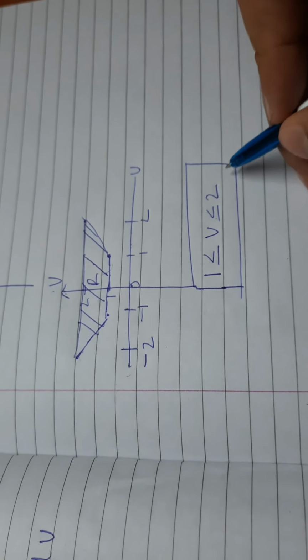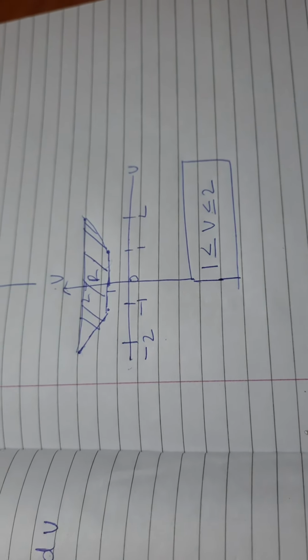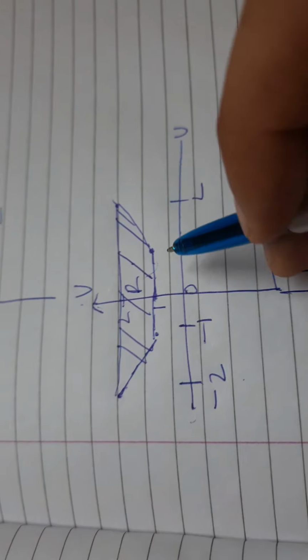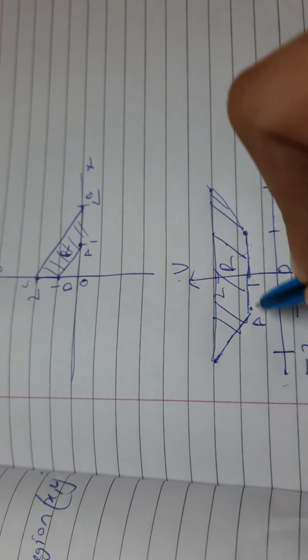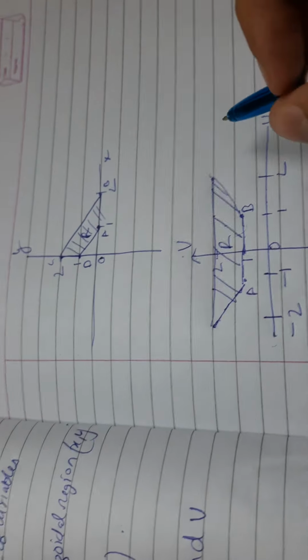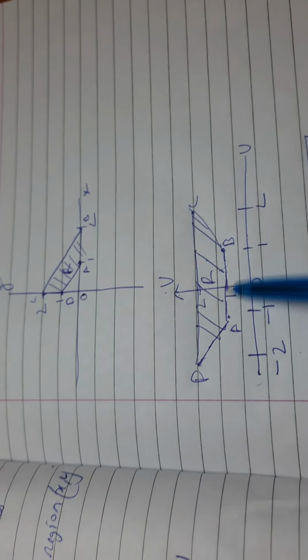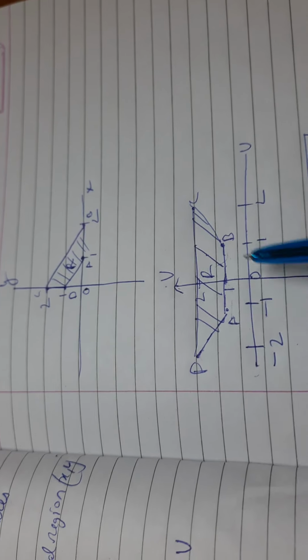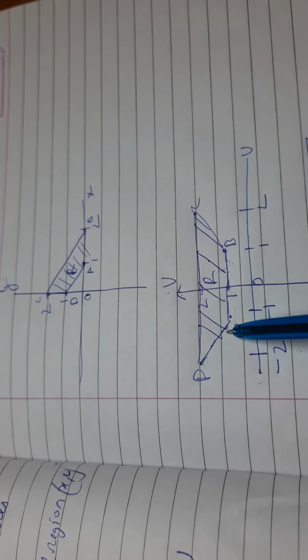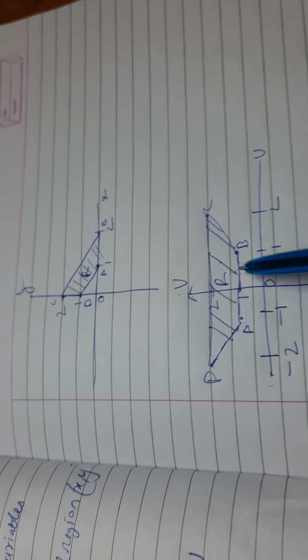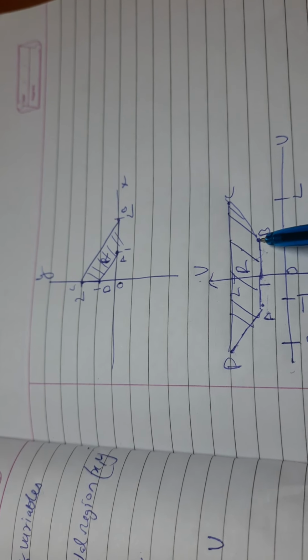This is very important. Now from the figure, this is AB and this is CD. We can see that for the line AB, y is 0.